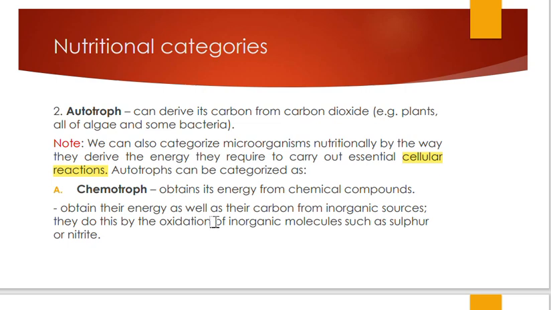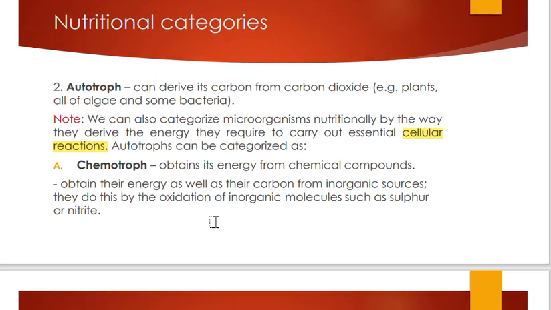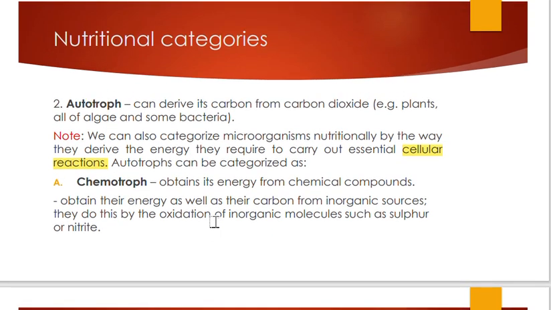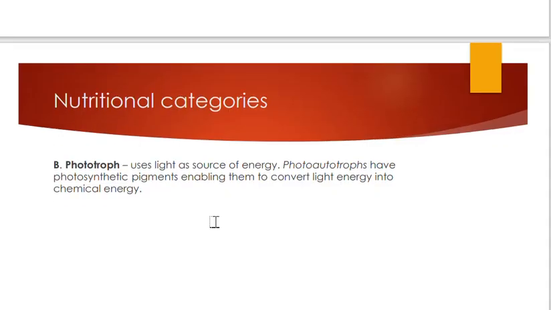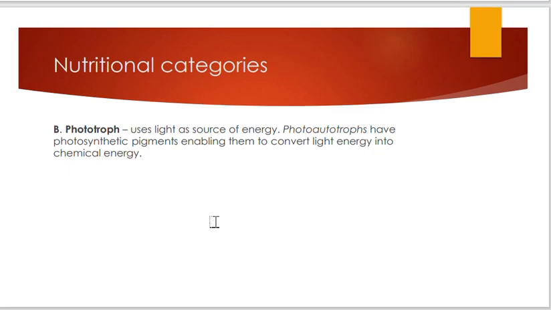So again, one category of autotroph is your chemotroph, as well as phototroph. In addition to chemotroph, which uses chemical substances, your phototroph, from the word itself, photo means light. The phototroph microorganisms use light as a source of energy.